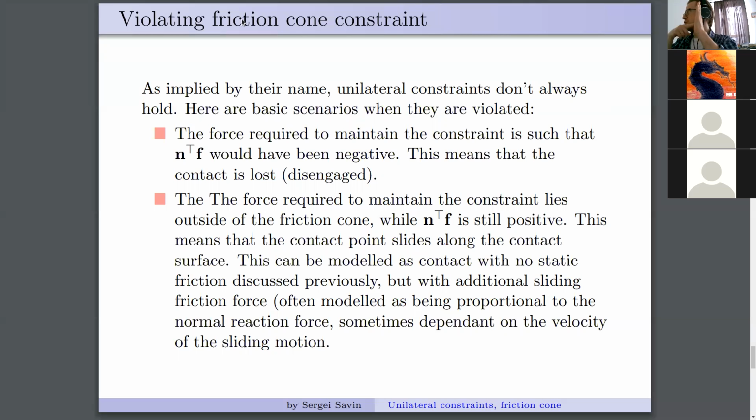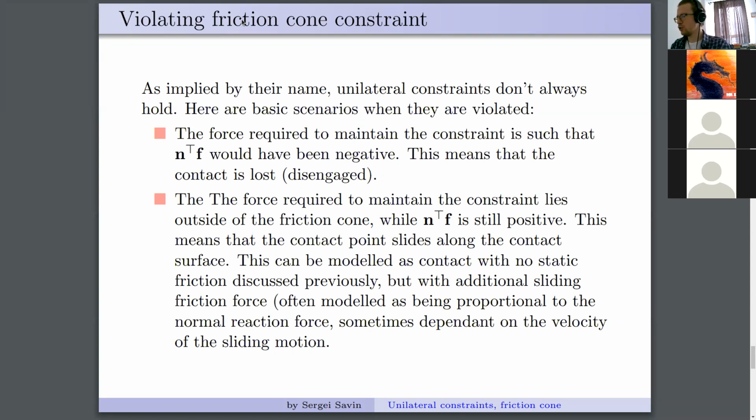Why? Because if you move this way, you can expect the friction force to try to prevent you. It takes the direction of the motion, opposite sign, and that's where your friction force points.